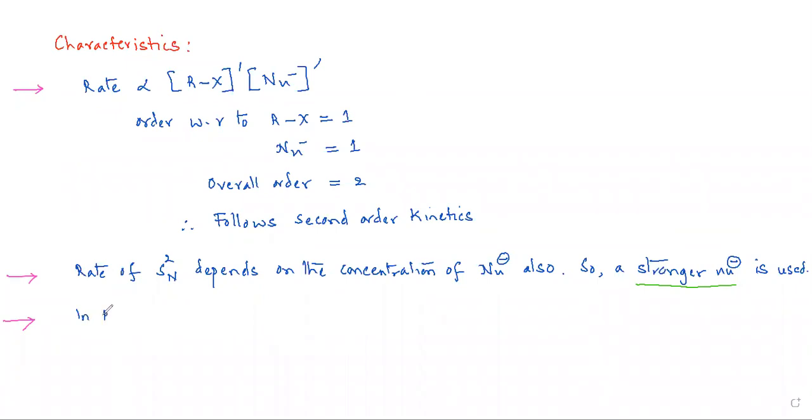Now, see in the rate determining step or the slow step, in fact, the only step, there are 2 molecules participating. I mean the alkyl halide as well as the nucleophile.